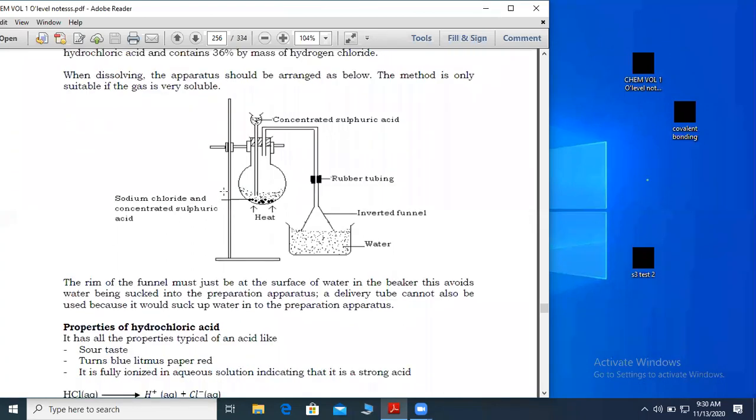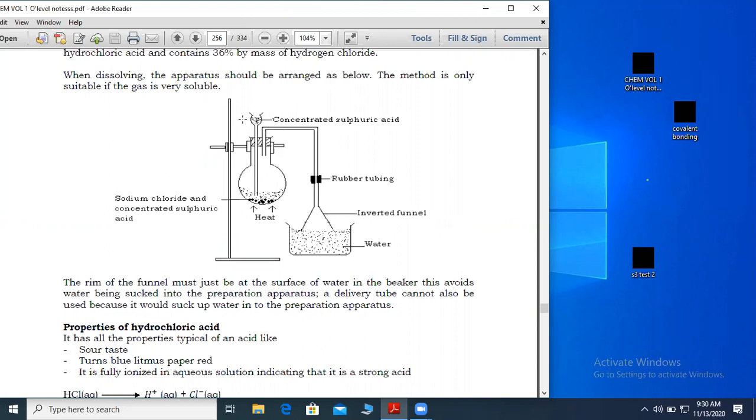So this is the apparatus. But what is very important here is you must use an inverted funnel. So this is our flask. It contains sodium chloride and concentrated sulfuric acid. So we have concentrated sulfuric acid coming in from the thistle funnel.